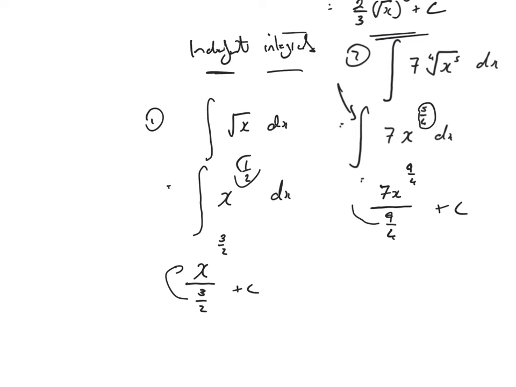Okay, I'm going to bring that up, multiply, so that means I'm flipping it over, so it's going to be 4/9 of 7x to the 9/4 plus c. Okay, 7 4s are 28, over 9, can that be simplified? No, it can't, but I'm checking it. 28/9 times the 4th root of x brought to the power 9 plus c.